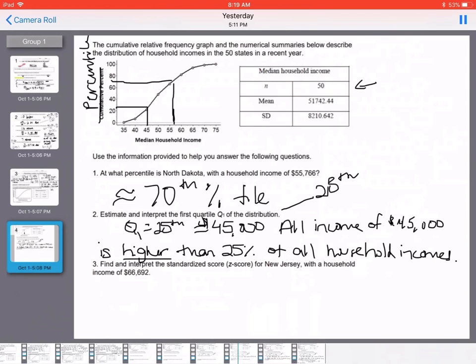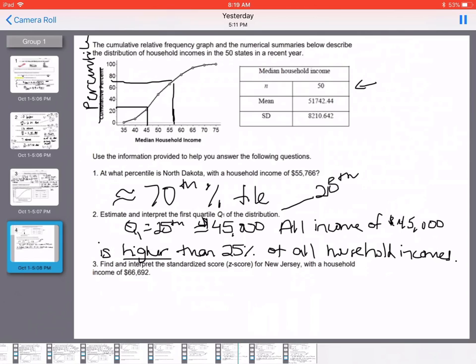Basically, an income of $45,000 is higher than 25% of all household incomes. There's 25% less than $45,000. Basically that's what that means.